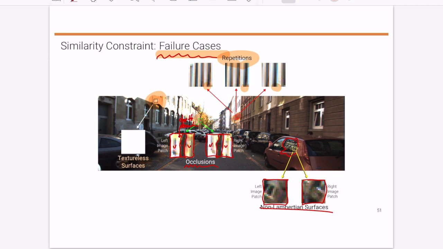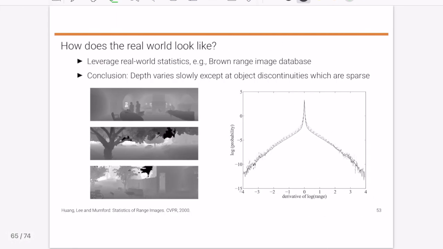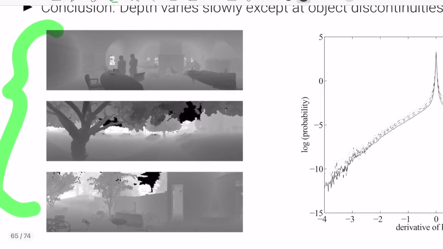How can I solve this problem? The solution is, even though this is not a golden rule either, spatial regularization is one of the solutions to solve this problem. First of all, how does the real world look? So this is kind of a ground truth experiment.